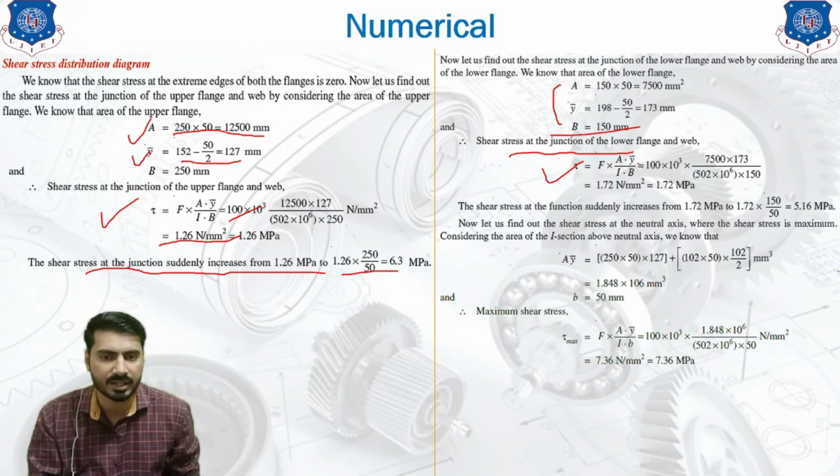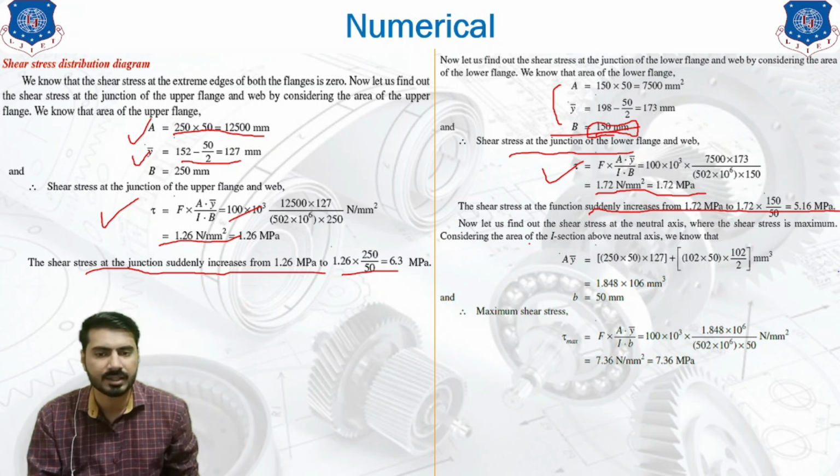The rest of the data is the same, but the bottom flange is of width 150, that is going to be different from the upper flange. So put all this value and you will get the answer as 1.72 megapascal. Again, suddenly it increases from 1.72 to 5.16 megapascal.